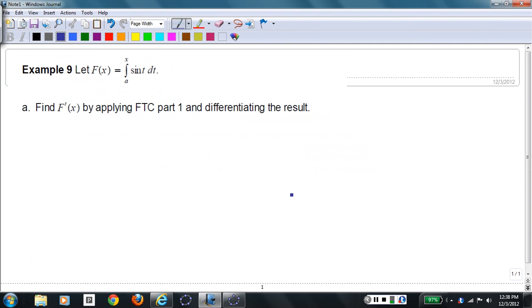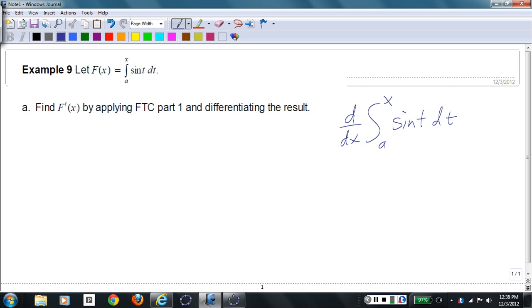So big F of x equals the integral from a to x of sine t dt. What is the derivative of this function? Basically, what is d dx of the integral from a to x of sine t dt? Fundamental theorem of calculus, part 2, would simply have us say it's equal to sine x.